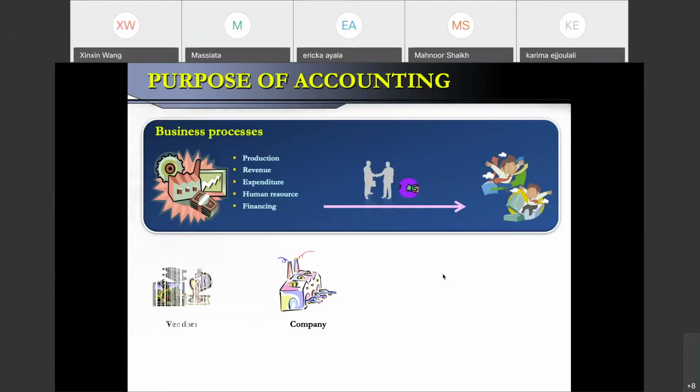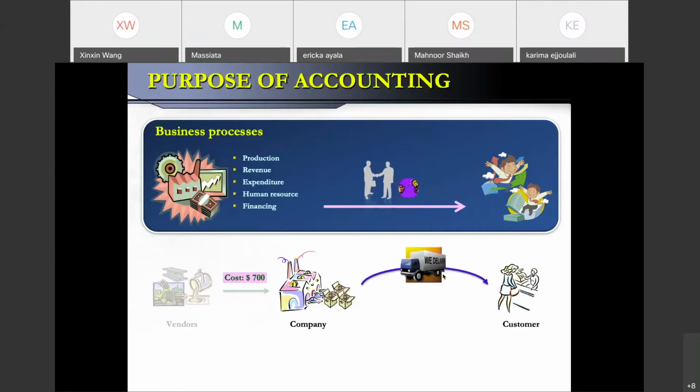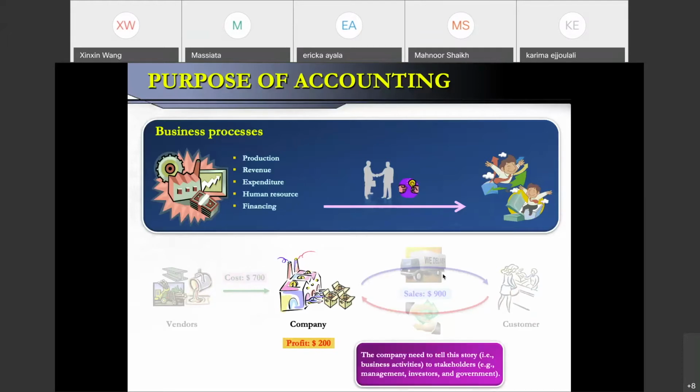A company gets raw materials from the vendors, costing $700. They produce the product and deliver it to their customers. What is the sales price of it? It is $900. So what is the profit? It is $200. And we learned this. This is the kind of business activity that requires the company to do bookkeeping, right?